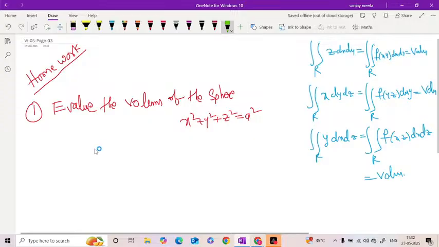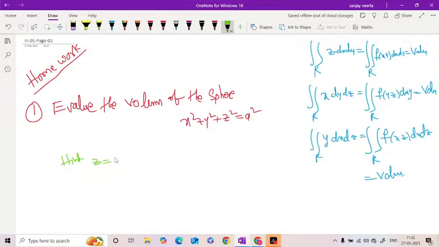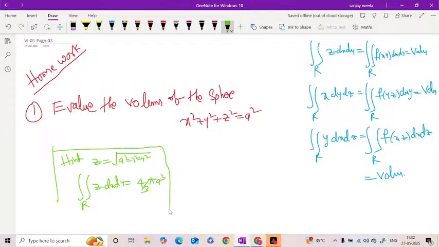You can assume, if you take suppose z is equal to under root of a square minus x square minus y square, you have to compute this z dx dy. We will get the direct answer 4 by 3 pi a cube only. Okay. Or you can take like this also.